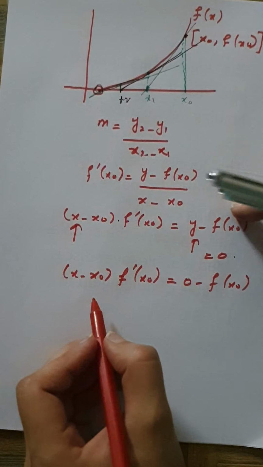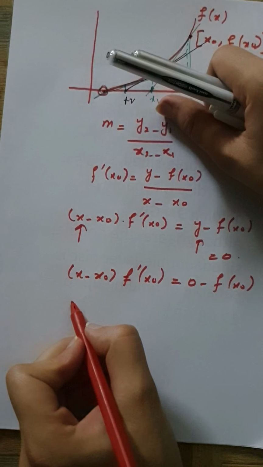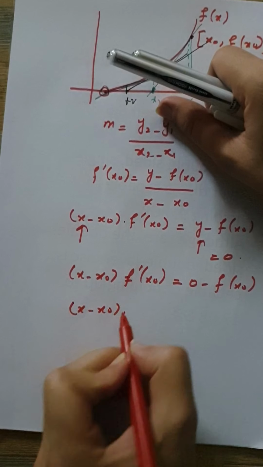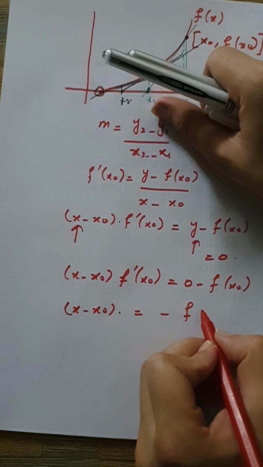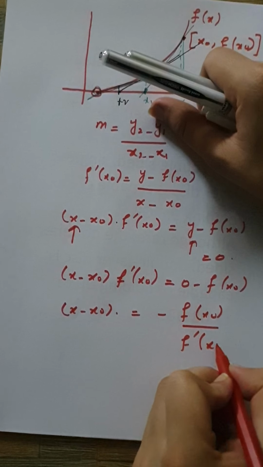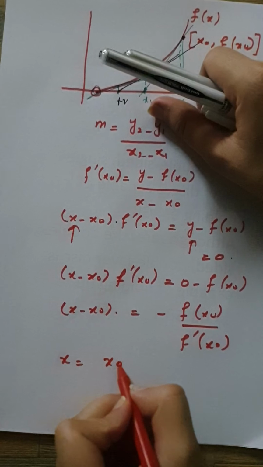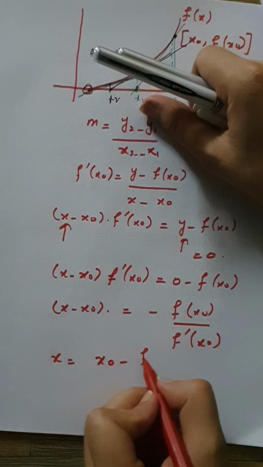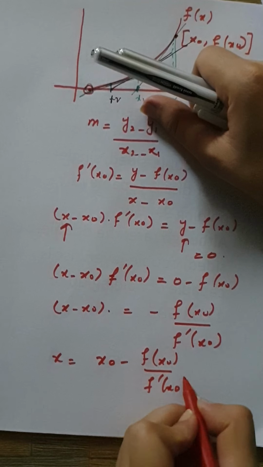Let's simplify this expression more. I will have x minus x0 on the left hand side, while on the right hand side I will have minus f of x0 divided by f bar of x0, and x is equal to x0 minus f of x0 divided by f bar of x0.